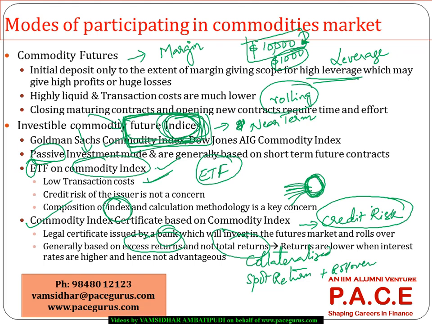So especially in terms of growing interest rates, this is typically not so advantageous, because in case of growing interest rates, the collateralized yield is going to be much higher. So the total return will be much higher, but the excess return may not be that high. So any index that is based on total returns is much more advantageous rather than only the excess returns.